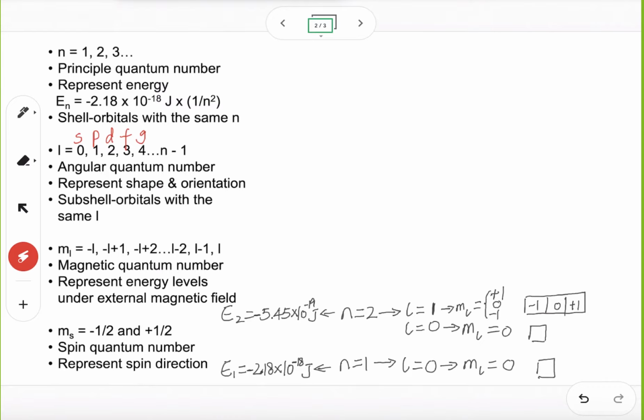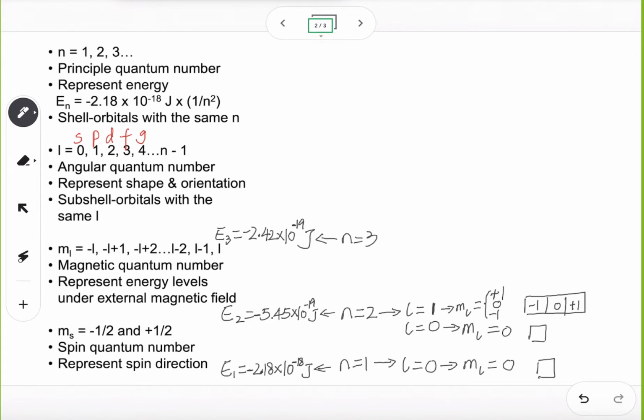Now the next thing is n equals 3. If you do the calculation based on what we have here, n equals 3 tells us E3 is going to be negative 2.42 times 10 to the negative 19 joule.